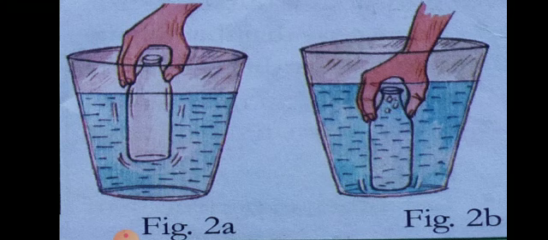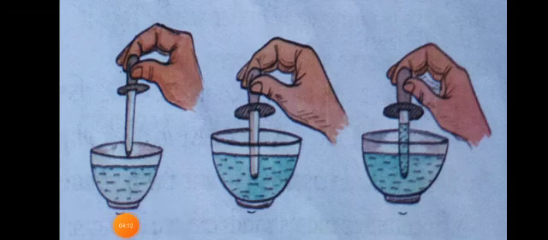Now we see another small activity. What are the steps needed to use a dropper? So now let us see the steps. In step 1, first we have to apply pressure on the rubber bulb head of the filler by pressing it.